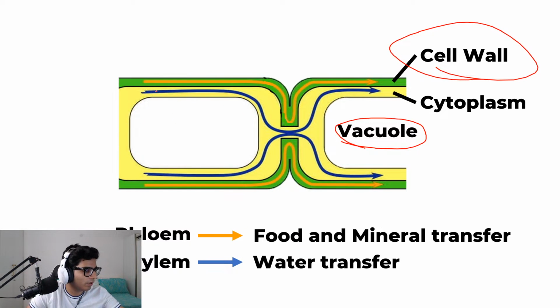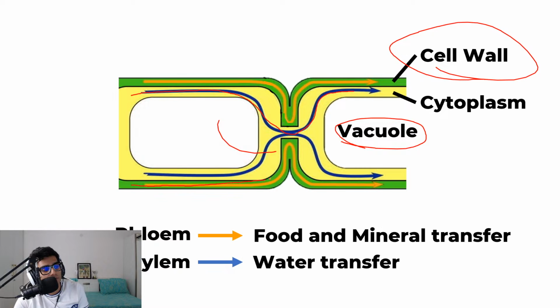Okay, so that's just the water transfer. Now keep paying attention to the screen and look at this blue line. The stem is divided into sections like this. This blue line is actually the water. And your food and the important nutrition, because nutrition is also important. You can't just survive on water. You need nutrition too, right? So nutrition travels within the stem and reaches the leaf. Inside the cell wall, food and mineral transfer is happening.